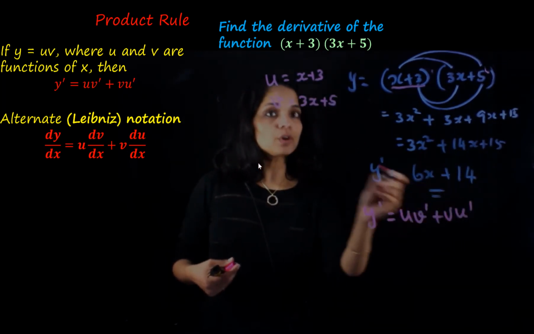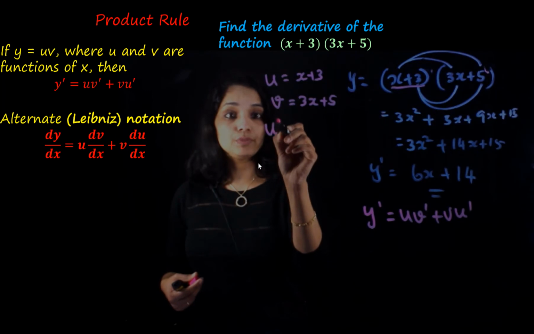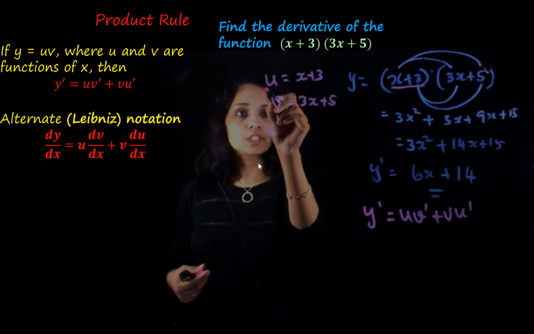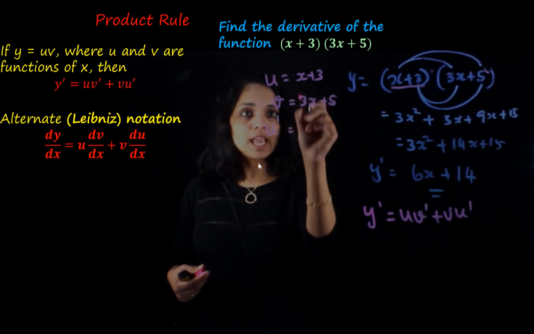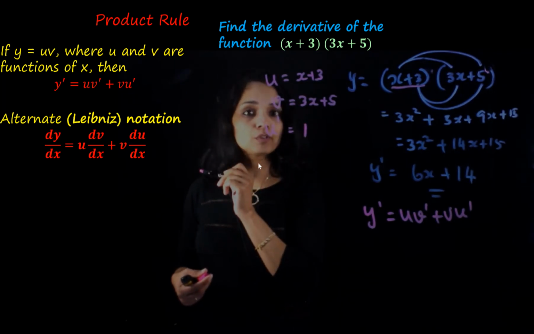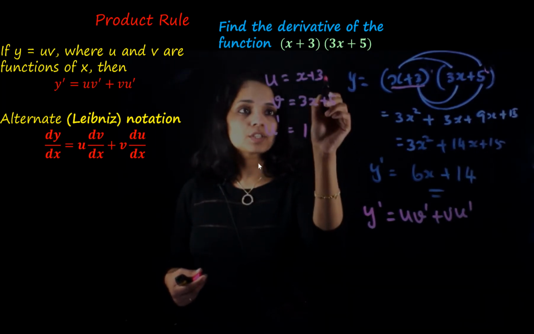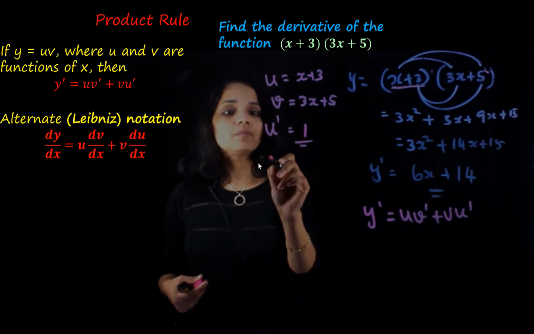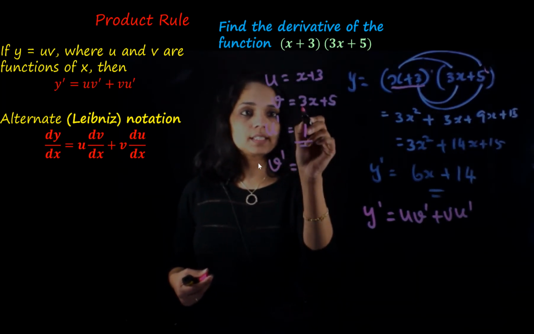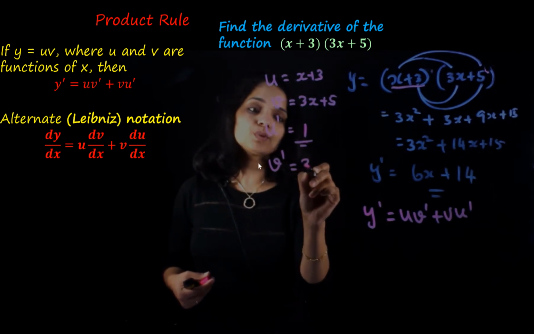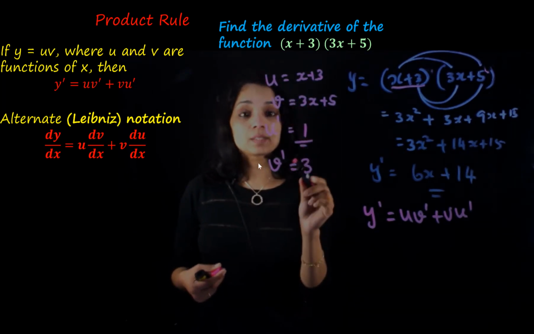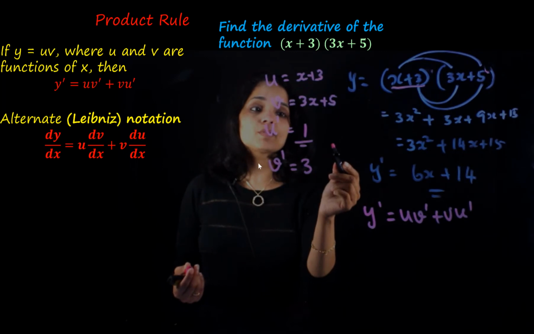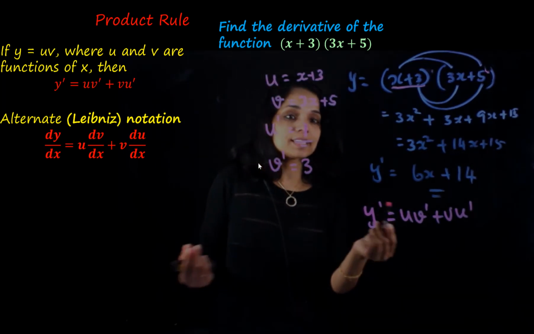Before we substitute, we can find the derivatives. u dash is the derivative of x plus 3: the derivative of x is 1 using the power rule, and the constant term has derivative 0. So u dash is 1. And v dash is the derivative of the first term, which is 3, because the derivative of x is 1, plus the derivative of 5, which is 0. So that's very simple.